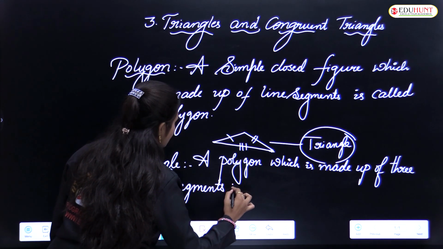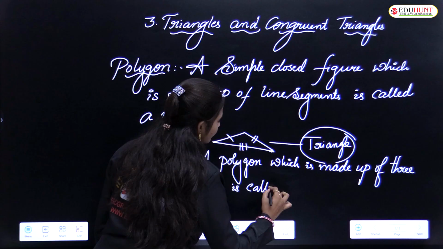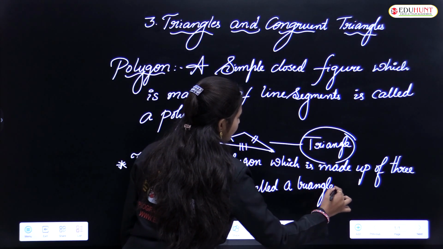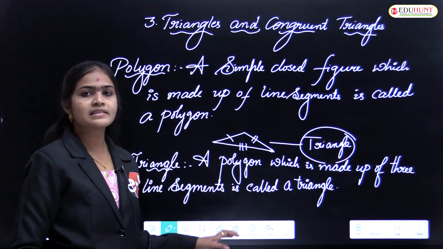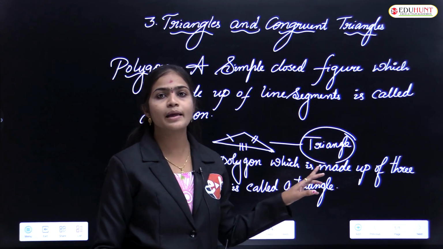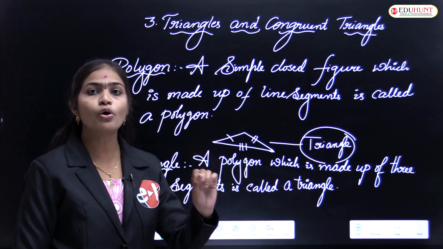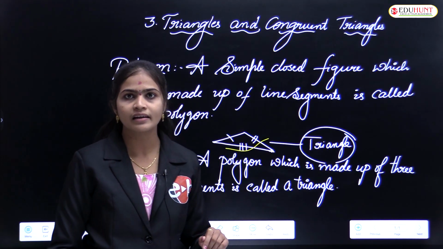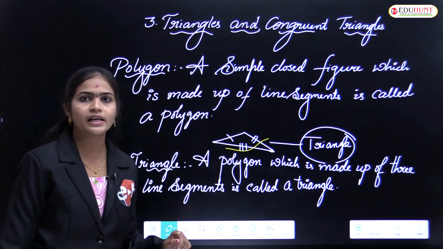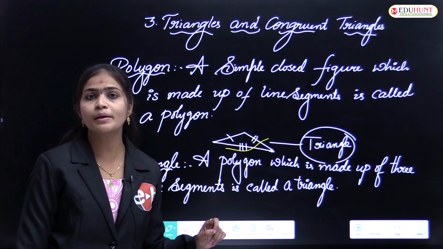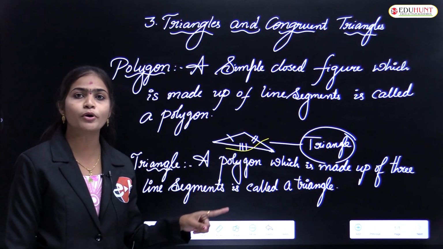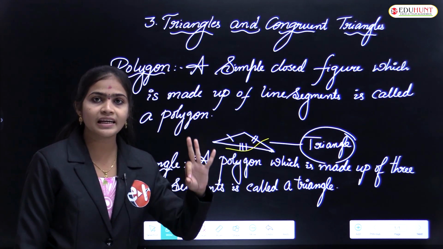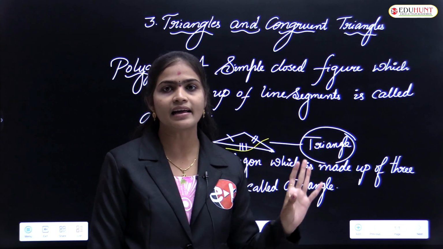This is the definition: a polygon which is made up of only 3 line segments, we call that figure a triangle. Did you understand the definition of a triangle? The minimum number of line segments required to form a polygon is 3, so a polygon made up of 3 line segments is called a triangle.